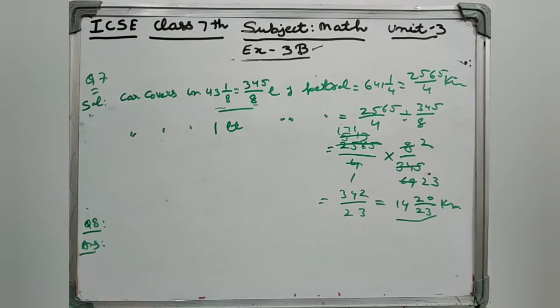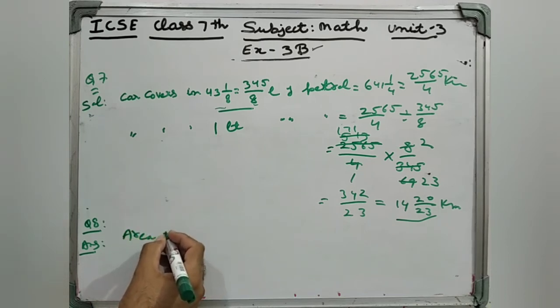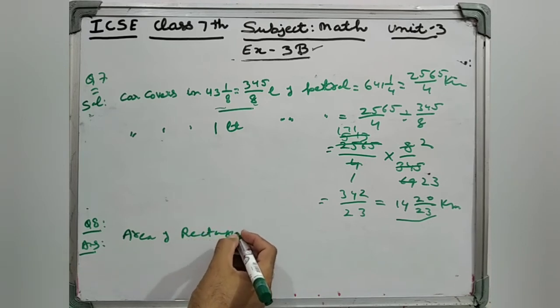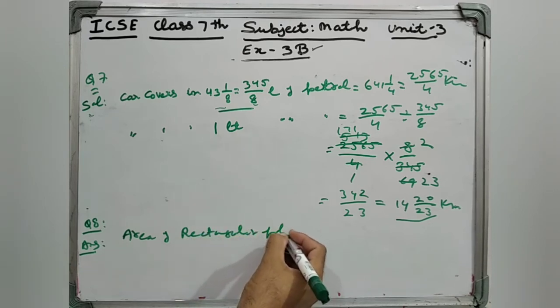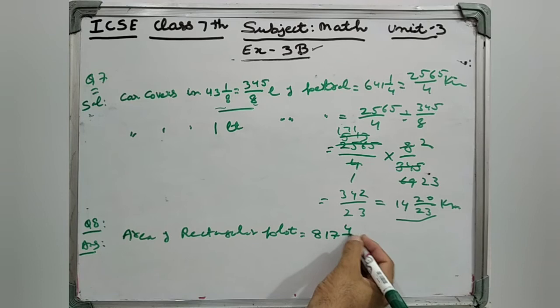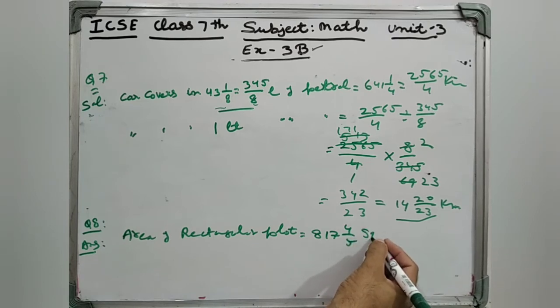Question number 8 is, the area of a rectangular plot of land is this and the breadth is this. Find its length. Area of the rectangular plot is equal to 8 17 by 5 square meter, right?